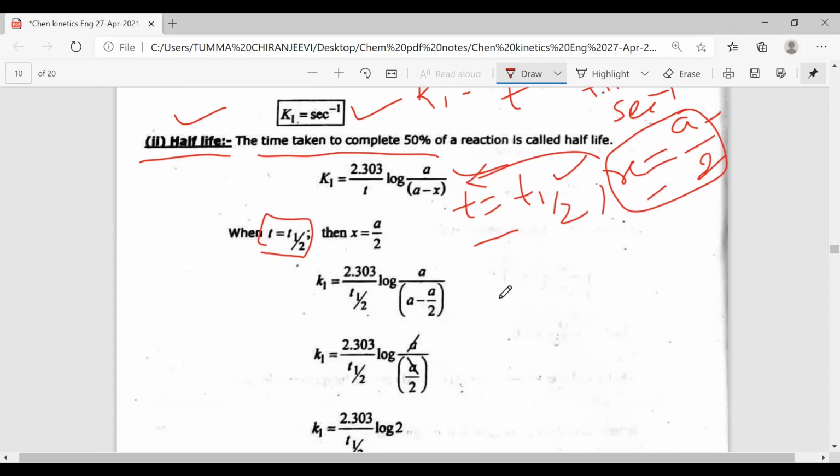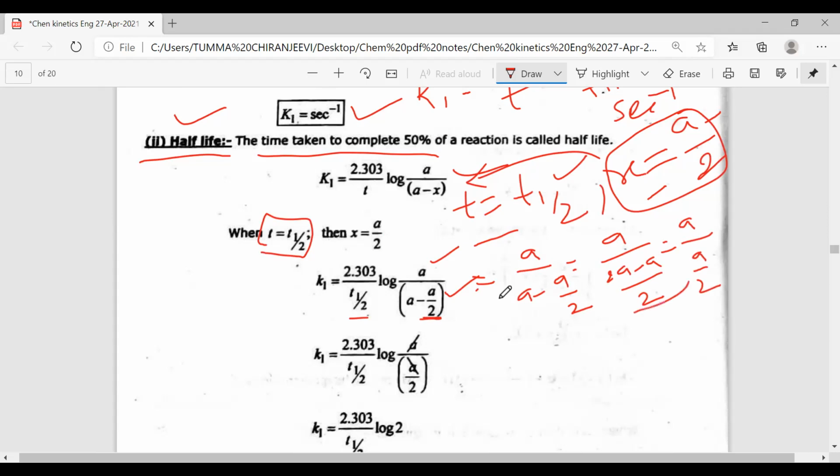Then you can get k is equal to 2.303 by t half log a by a minus x. In the place of x, we have to substitute a by 2. So here, do the LCM: a by 2a minus a by 2.